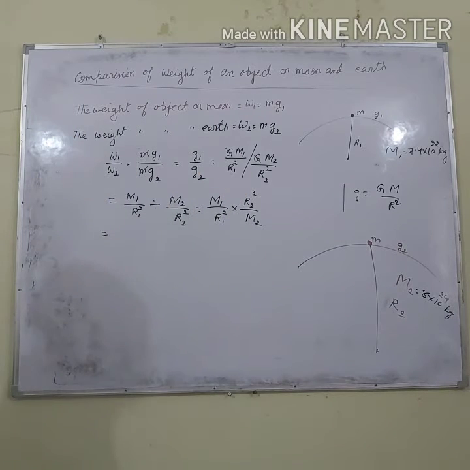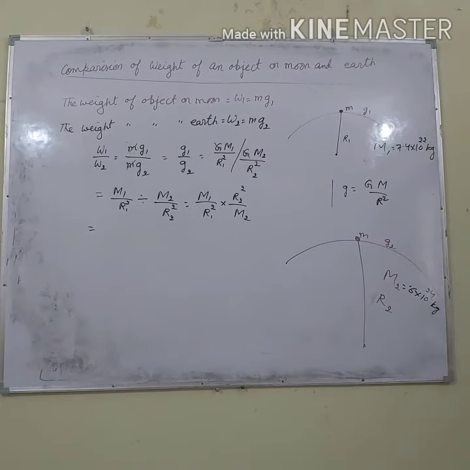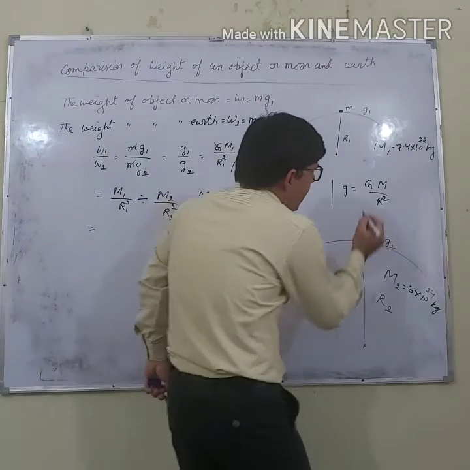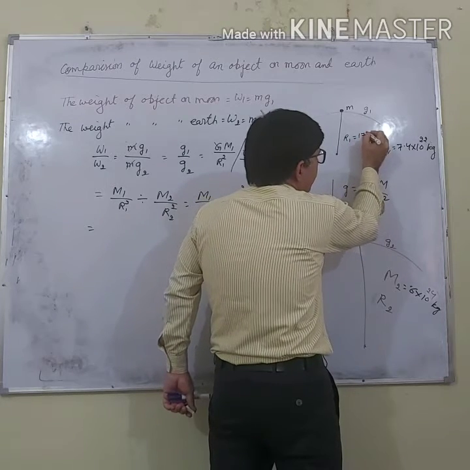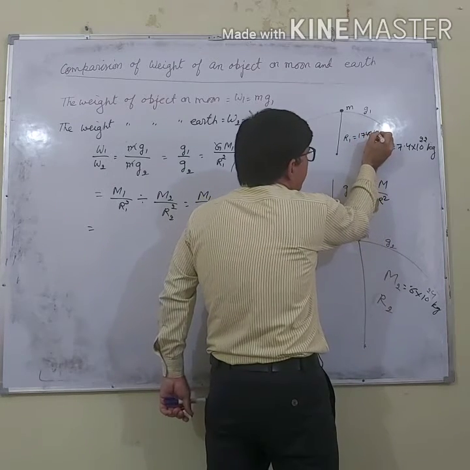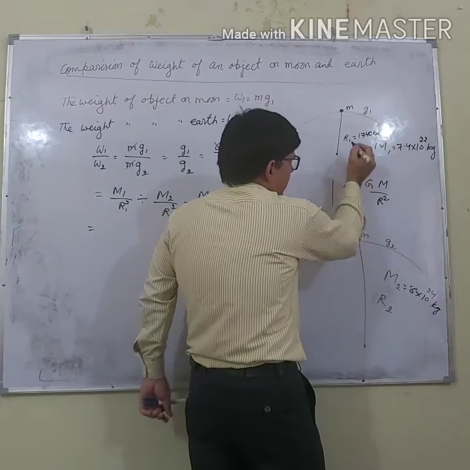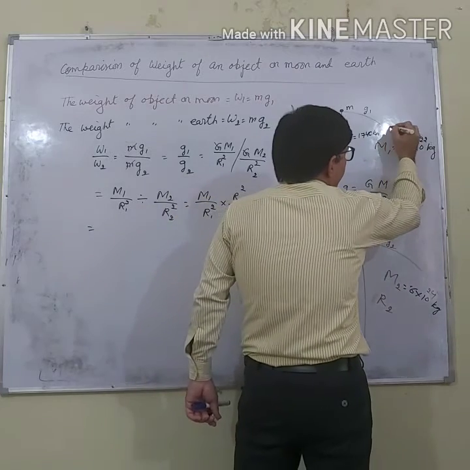And the radius of earth, all of you know that it is 6400 kilometer. And the radius of moon is 1740 kilometer. So here r1 is 1740 kilometer. So can we convert it into meter?